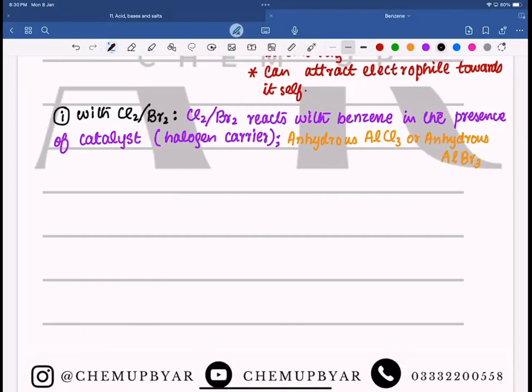If we react chlorine with benzene, then we call that chlorination.